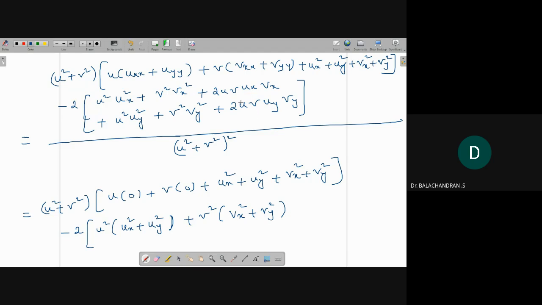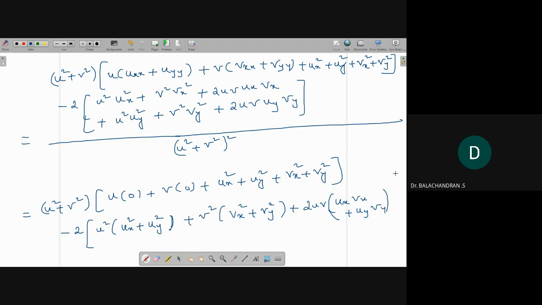Even the 2uv is common here. That will become 0 now, sir. Which one? 2uv into ux into vx plus uy into vy, using the CR equation. Yes, sir, you are right. But okay, I will write it and then I will make it 0. So ux into vx, okay, plus uy into vy.